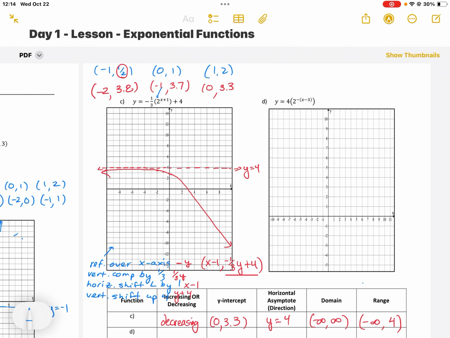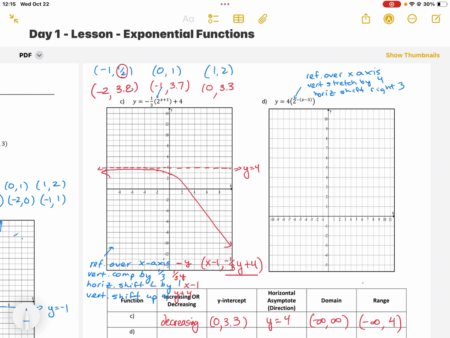So let's tackle one more. Here, my base is still 2. So this time, I have a reflection over the x-axis, a vertical stretch by 4, and a horizontal shift to the right by 3.